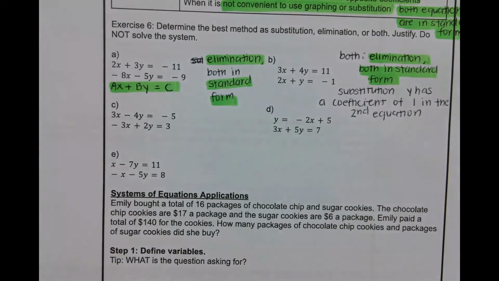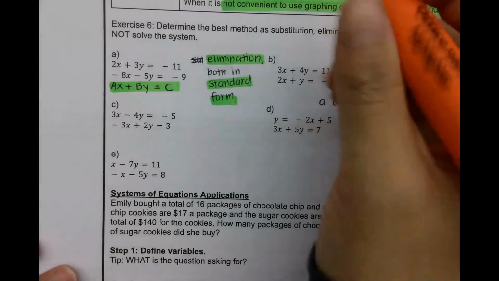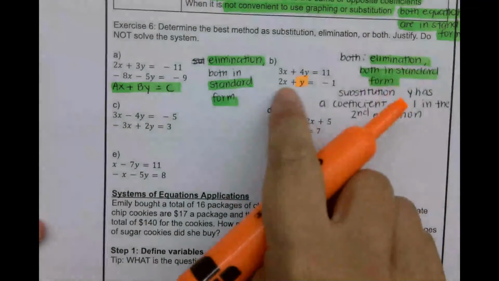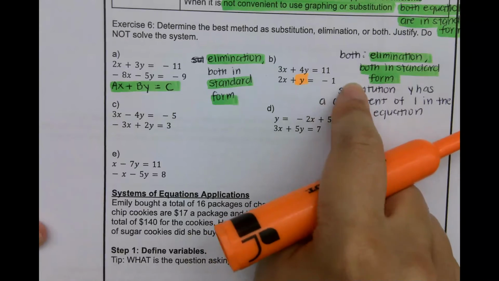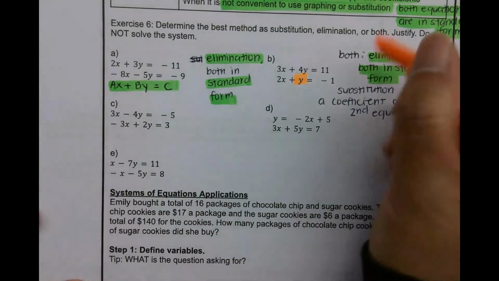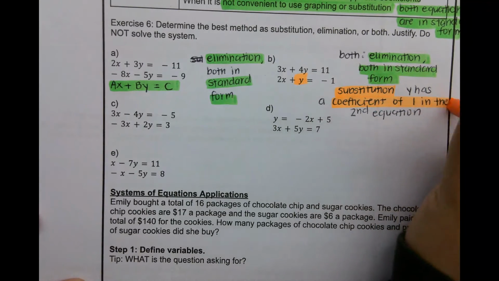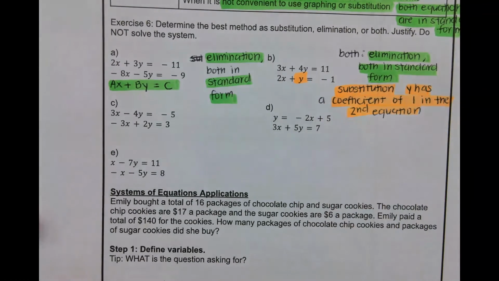So here in that second equation, we already have 1y. To do substitution, super easy, all we have to do is subtract 2x, and then we can plug it in and solve. That's a reason substitution is great, because we already have a coefficient of 1 in the second equation.